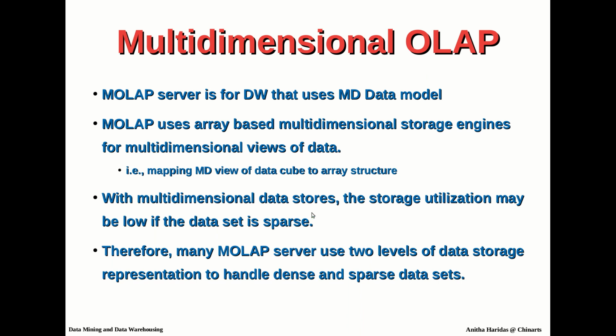With multi-dimensional data stores, the storage utilization may be low if the data set is a sparse matrix. For example, if you have lots of sparse values in the data set, then the storage utilization will be very, very low.